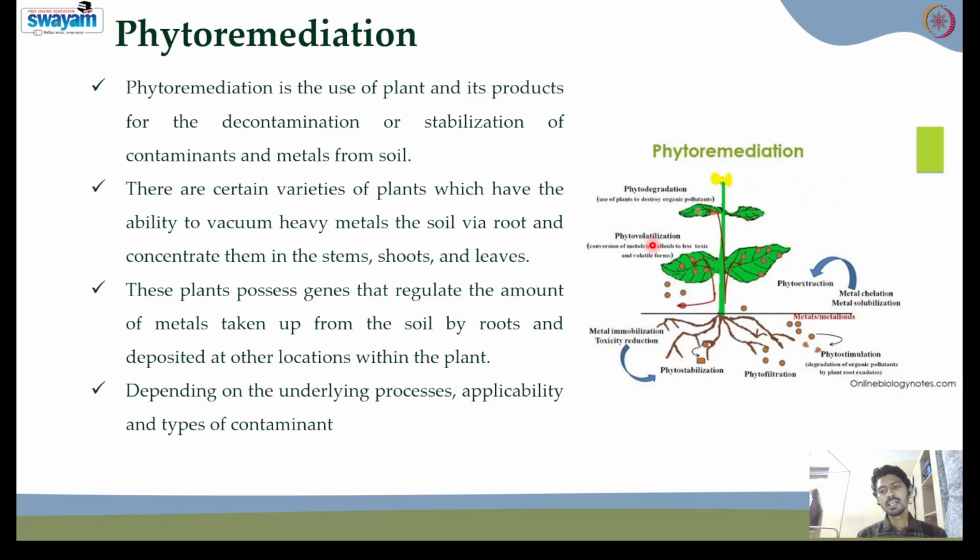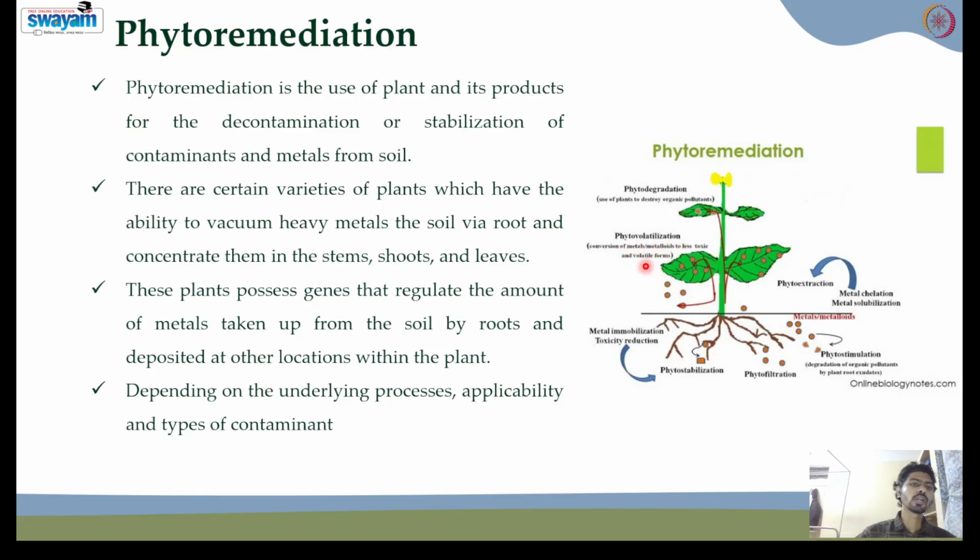What happens here is the plant will uptake the pollutant, and in turn the plant will produce some metabolites or products that help us to degrade these organic pollutants. And another concept is phytovolatilization, where plants tend to convert these metals or metalloids to a less toxic form.